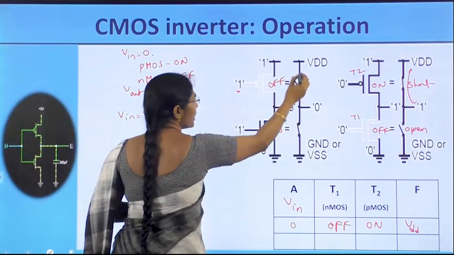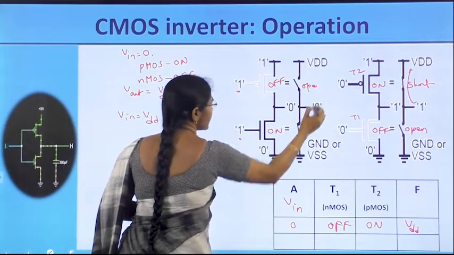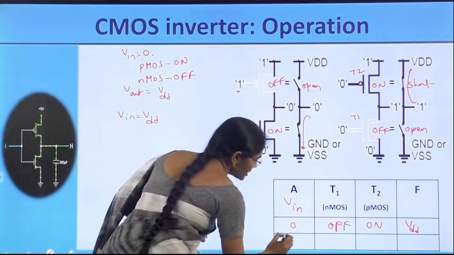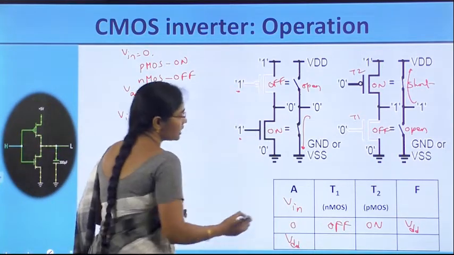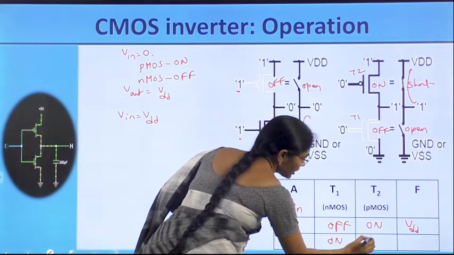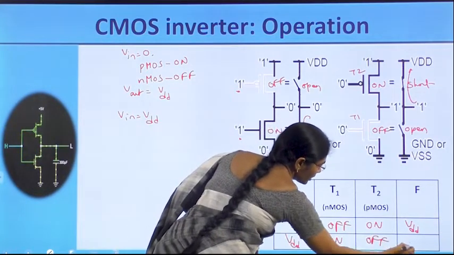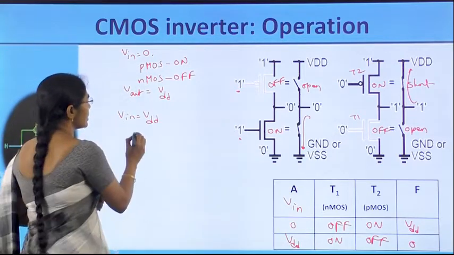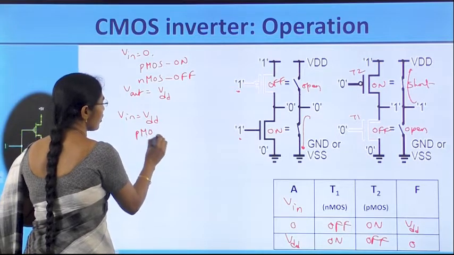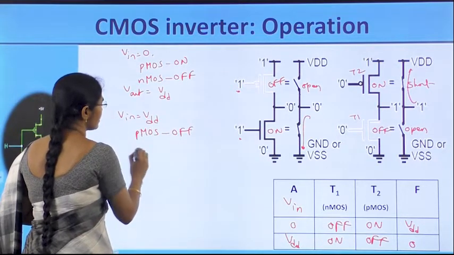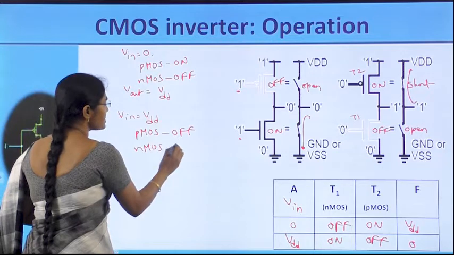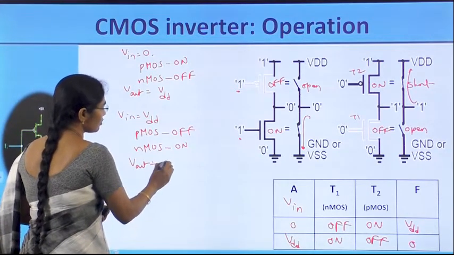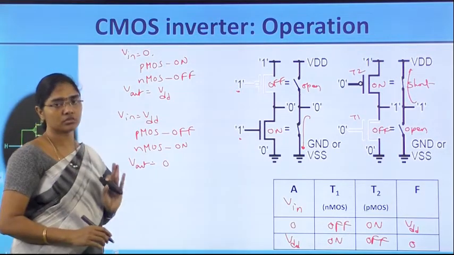Therefore, the pull up path is open and the pull down path is shorted. So the output is grounded. Since NMOS is on, the output has a discharge path to the ground. Therefore, Vout is equal to 0.